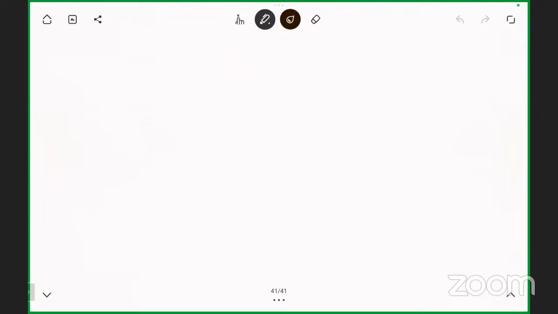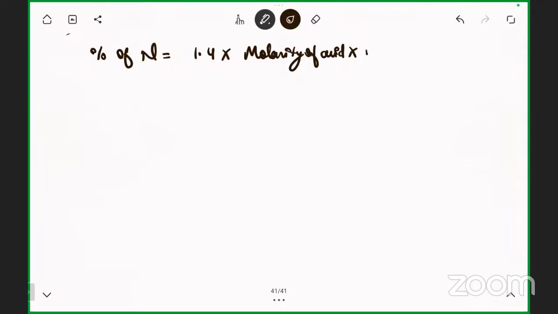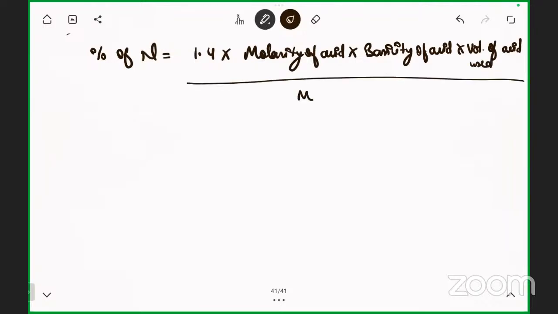Okay, so the formula: percentage of nitrogen is 1.4 into molarity of acid, which will be given in the question, into basicity of acid, into volume of acid used, divided by mass of substance taken.